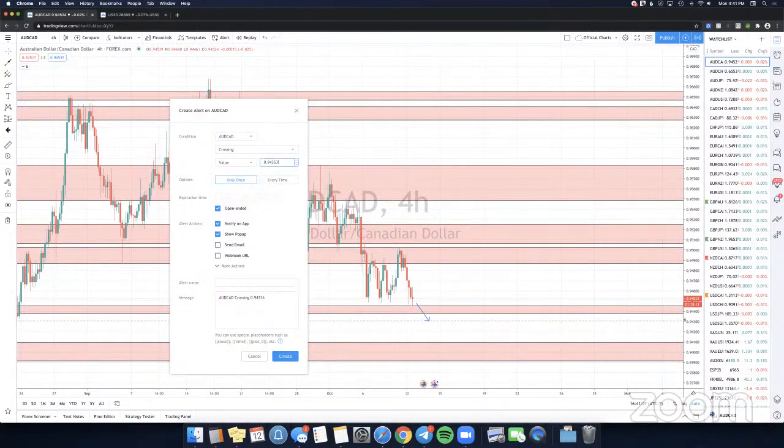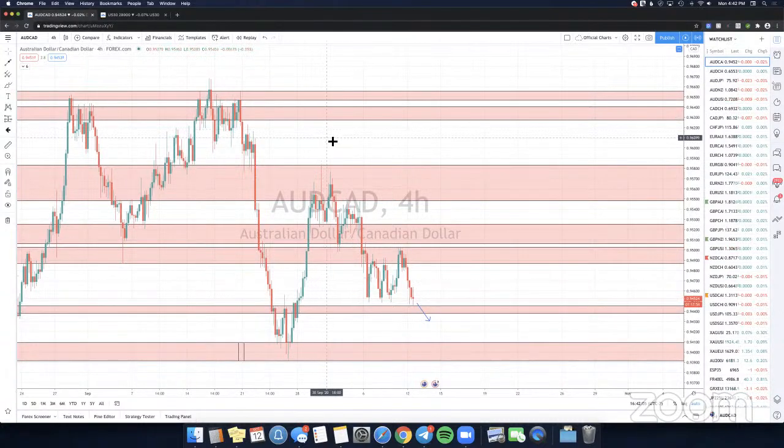It really depends on what you're specifically trying to get alerted for, but there's a ton of different ways to do it. That's just one way. If you want it to alert you when it crosses an SR, you can do it from there as well. Depending on what you're looking for specifically, you can set those specific parameters. All right, so let's see if there's anything else here.